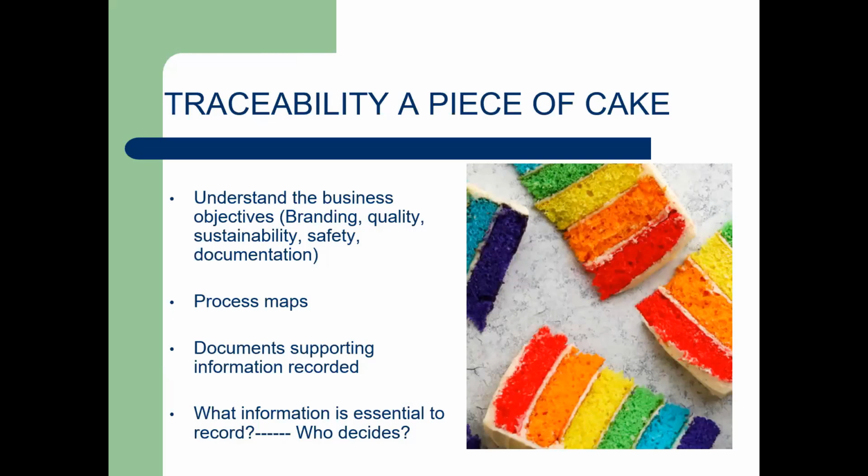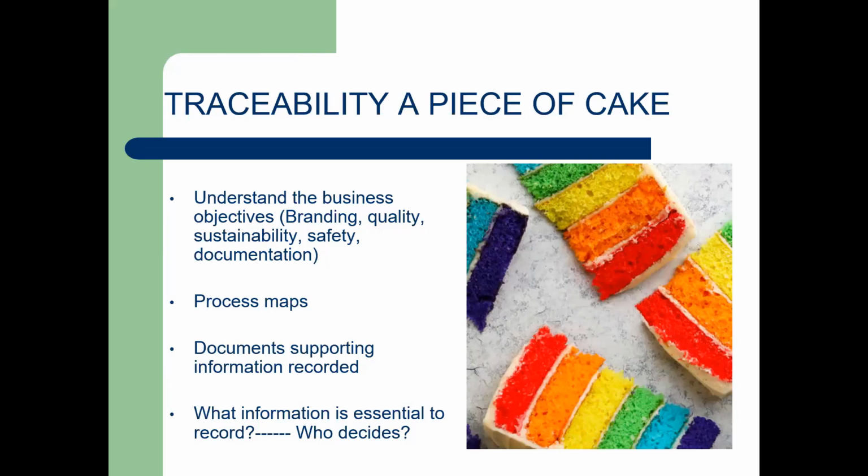So traceability is definitely not a piece of cake, because you need to identify a lot of critical traceability events and assign data elements to each critical traceability event. And while you're doing that, you need to understand what your business objective is. If you are in food safety and quality, then you need to identify each processing event and assign data elements.